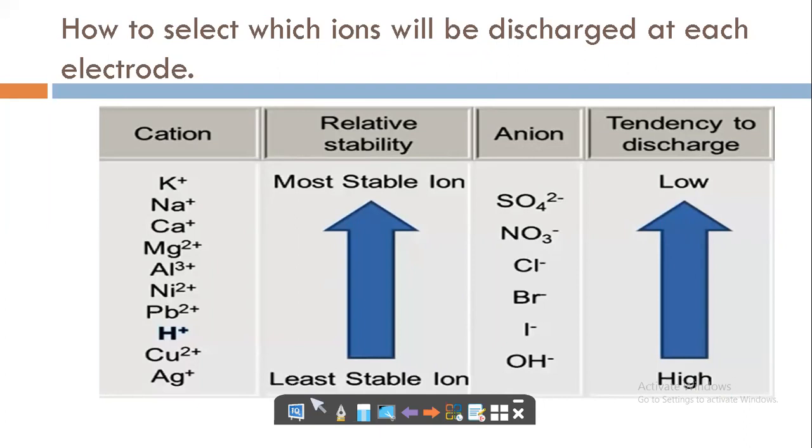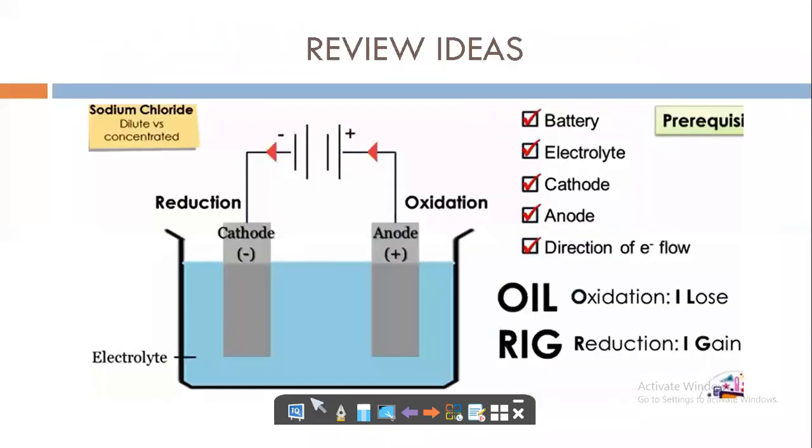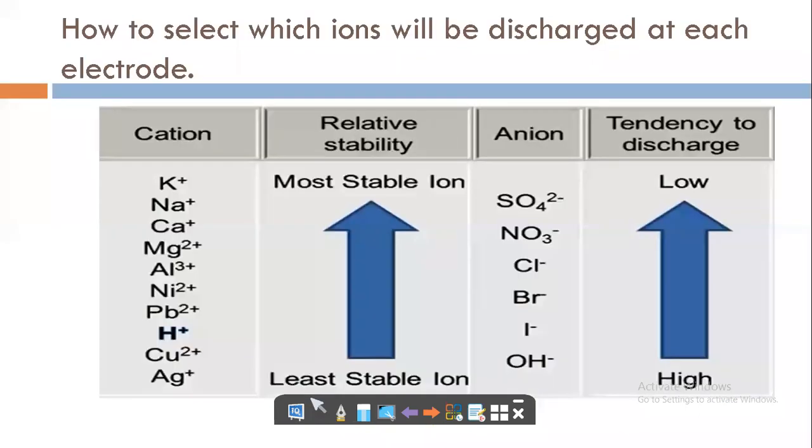All right. Let's look at the cathode first. And remember, cations go to the cathode. Now for the cathode, the rule is the more reactive the element is, the more stable its ion will be.